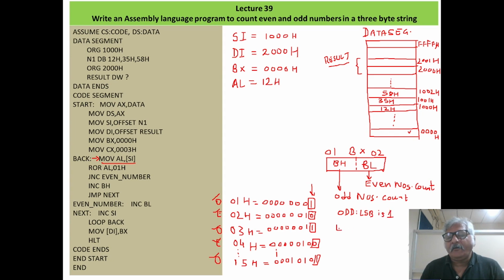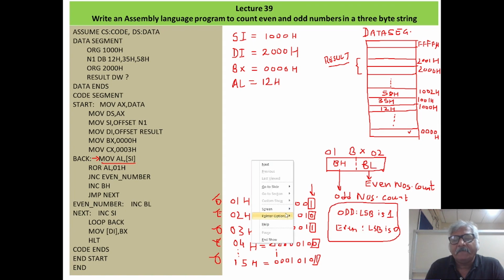And for even number, your LSB bit is 0. Right? So this is the logic. We have to check the LSB to find out whether the number is even or odd.